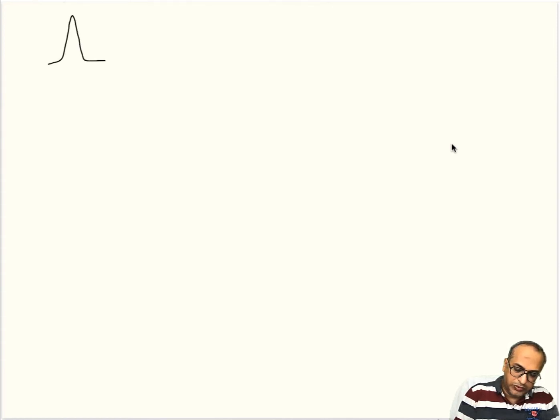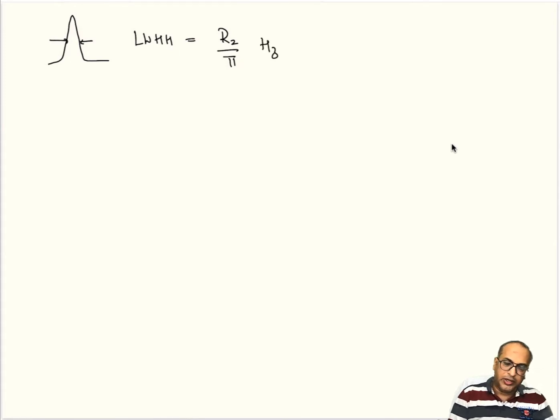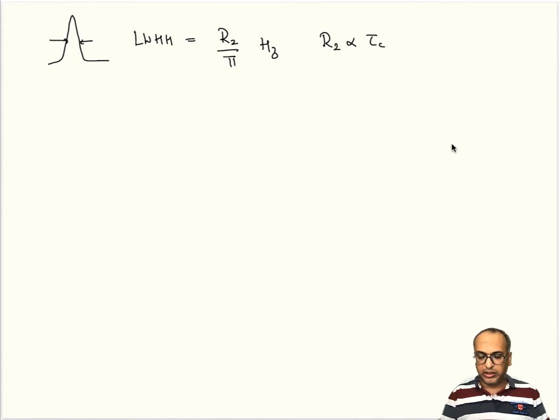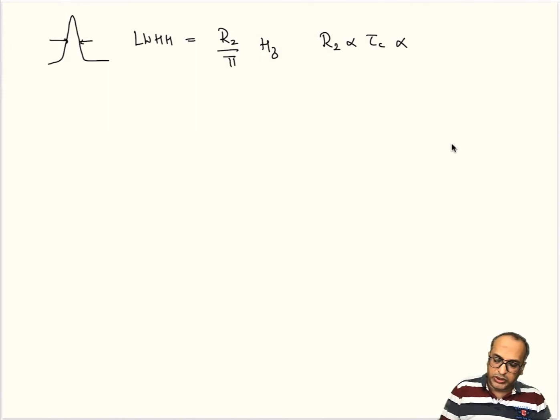So this is the Lorentzian line, and if you measure this line width at half height, this we have understood, this is R2 by pi, right? This is measured in hertz, right? And why is it important? Because R2 is proportional to tau c, that is the rotational tumbling constant of a particular molecule, which in turn is proportional to molecular size.